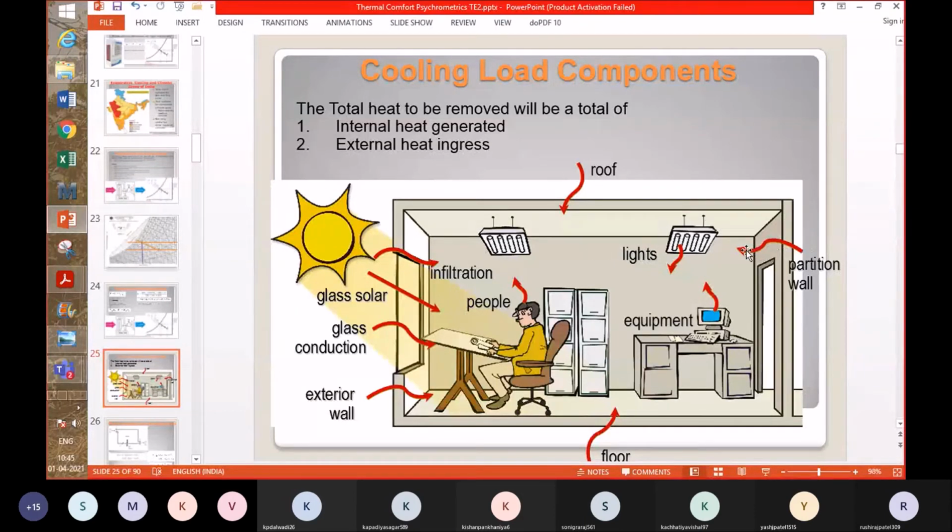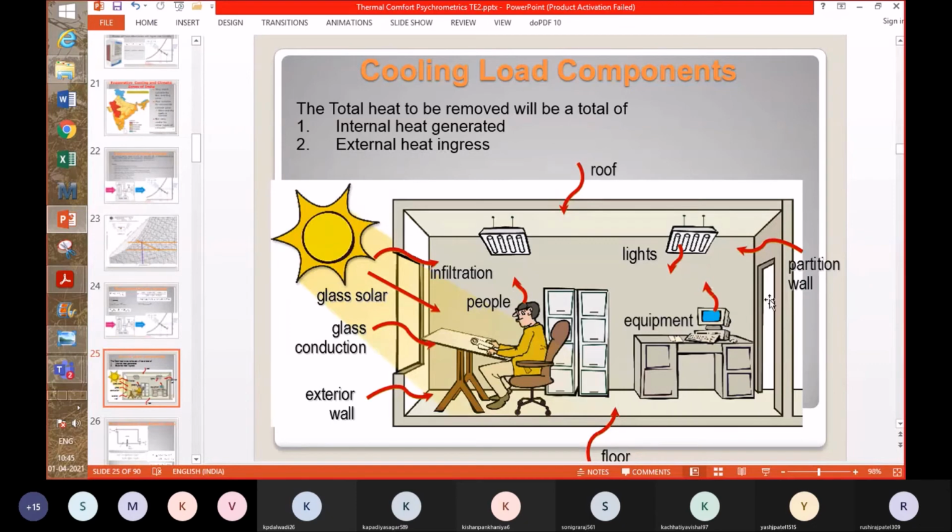Then there is a partition wall, and the next room may be conditioned or non-conditioned. If it is air conditioned, then you don't need to consider this. If it is not air conditioned, then the temperature there will be somewhat higher. Of course, it will not be equal to the outdoor temperature, but it will be higher than this room temperature. So heat will come through the partition wall also.